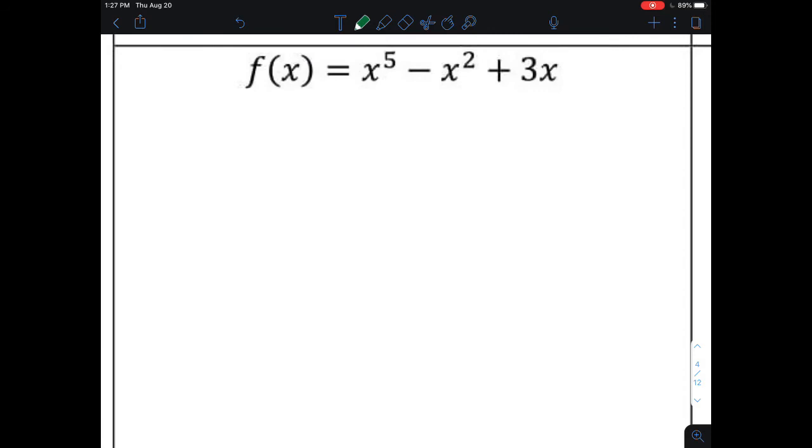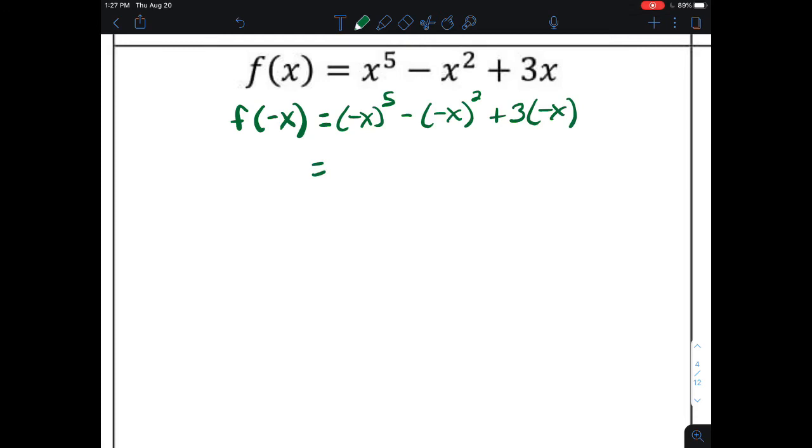Now let's look at another equation that has some variables involved. If I want to determine whether or not the function is even or odd, I've got to do the even or odd test. So the even or odd test is change all x's and put a negative x in its place. So if I put a negative x everywhere I see an x, and I rewrite my problem, I want to know what effect that had on the equation.